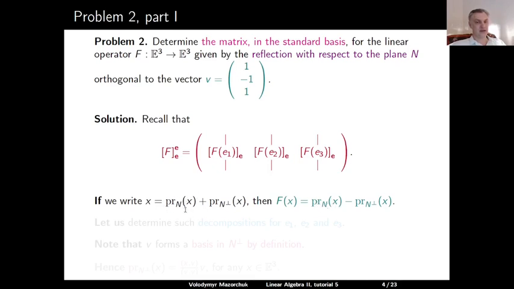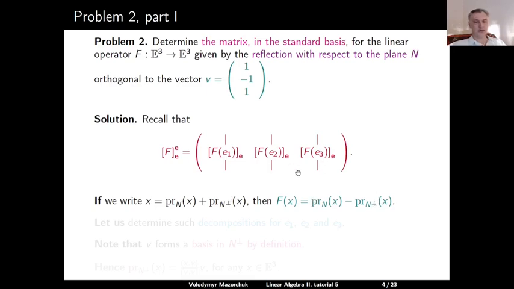The first summand is the same, but the second summand changes the sign, minus the projection of x onto the orthogonal complement. So this is how the reflection works. The elements in n stay on their places, while the orthogonal elements change the sign.